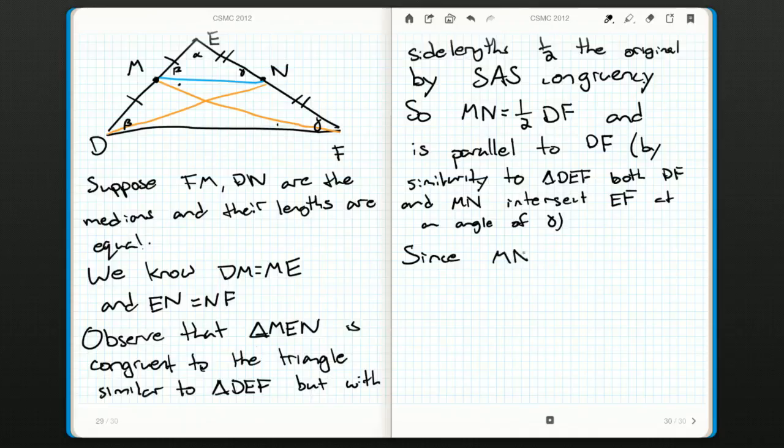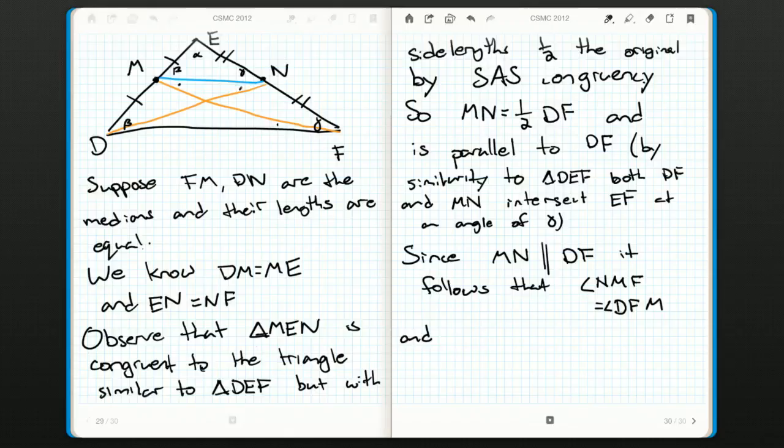So since MN is parallel to DF, we have angle NMF is equal to angle DFM.